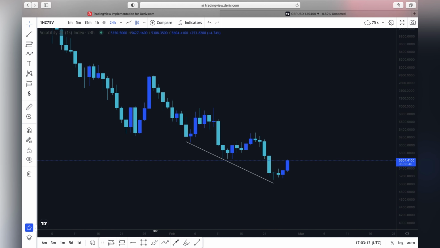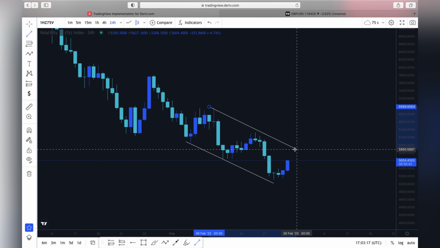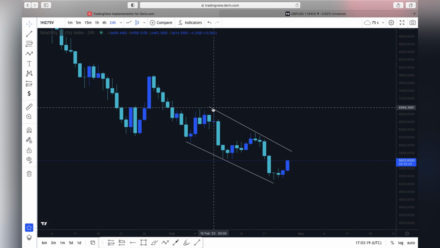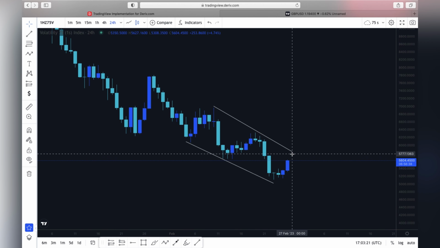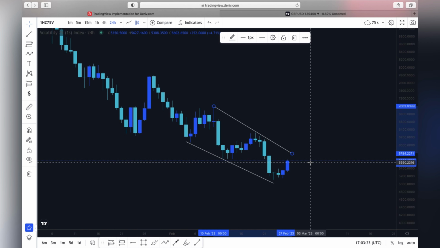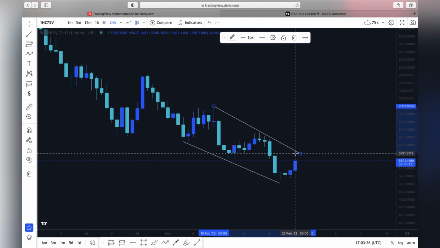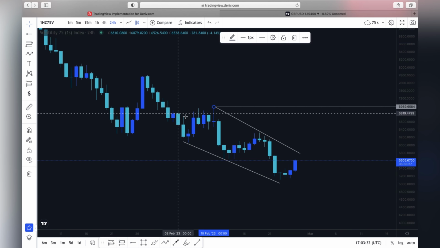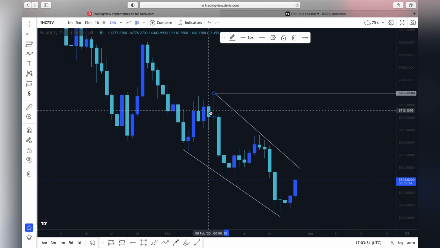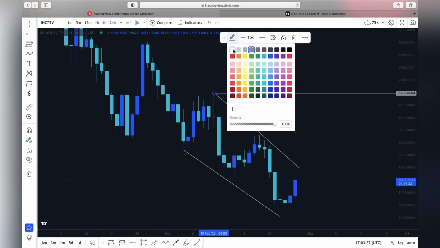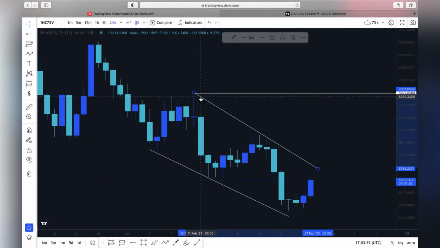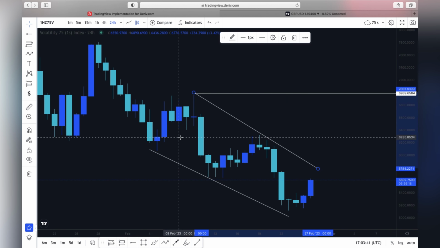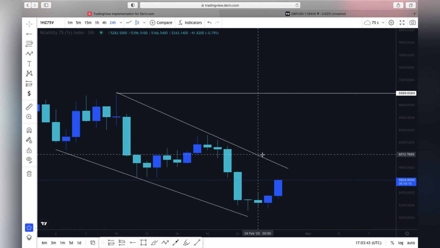Synthetic indices always trade over the weekend, so it's always moving. So we are anticipating volatility 75 1s to approach this trend line here. It's very close though, but we're anticipating it to come here. And since it's a reversal pattern, we are also anticipating volatility 75 1s to break above and then come to the 90% of the trend line, which is right here. Hope my tools are visible enough. So we're anticipating this for volatility 75 1s on the daily.